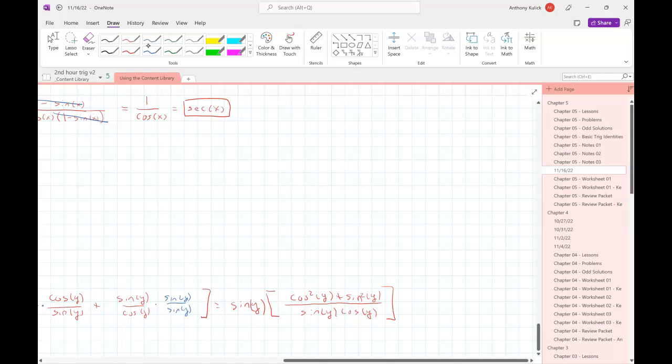Cosine squared plus sine squared is 1. And what else do you notice? I can think about that as sine over 1. So those guys can reduce down. So what am I left with now? 1 over cosine y, which is just secant y.